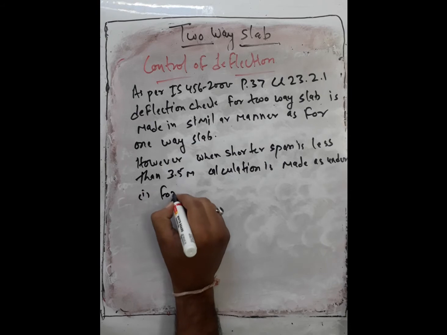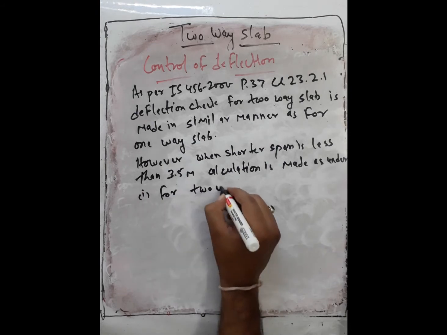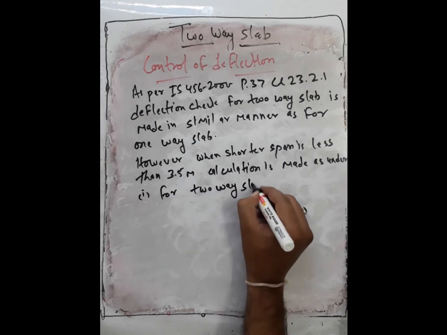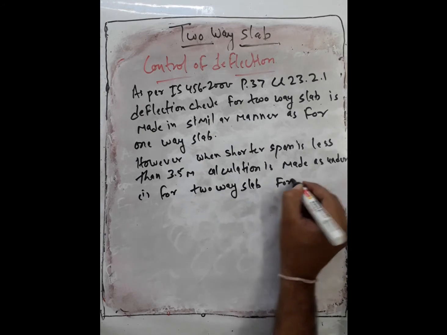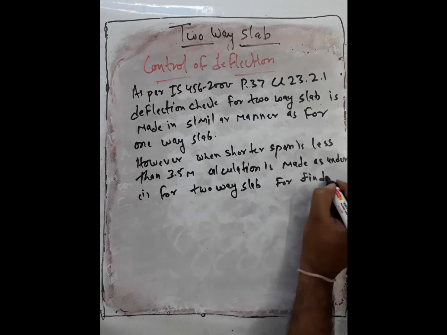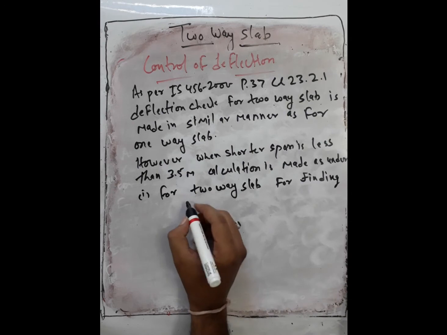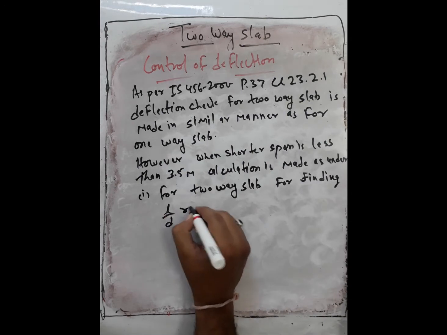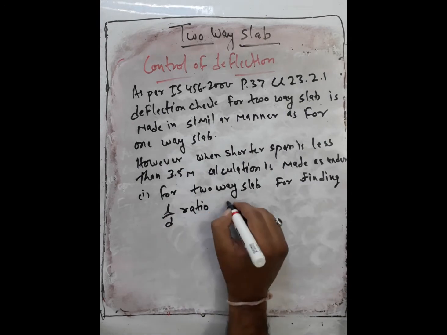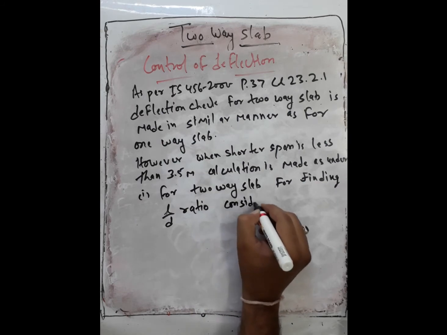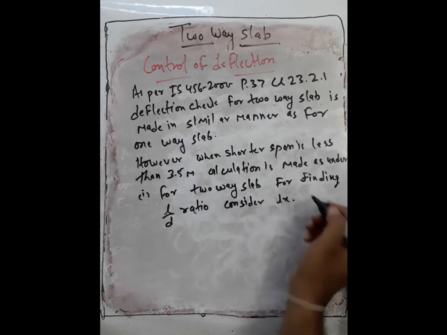For two-way slab, for finding the L by D ratio, consider Lx.